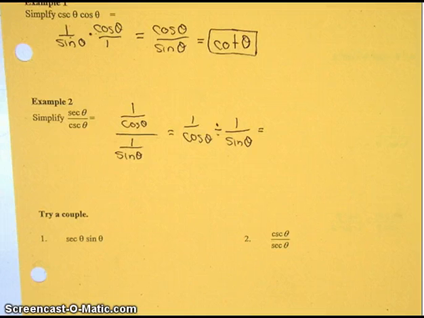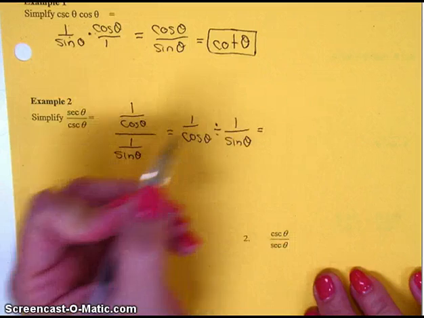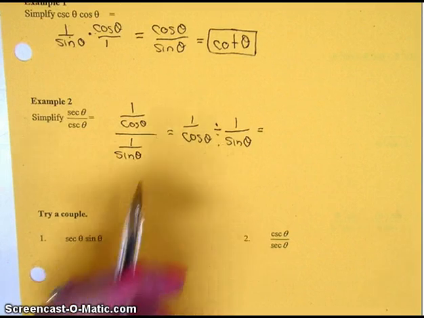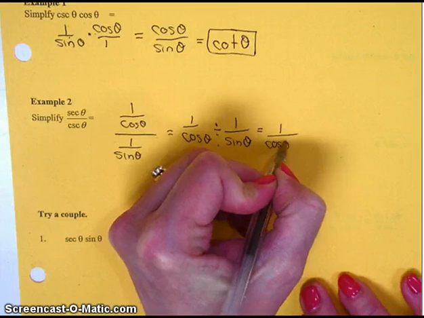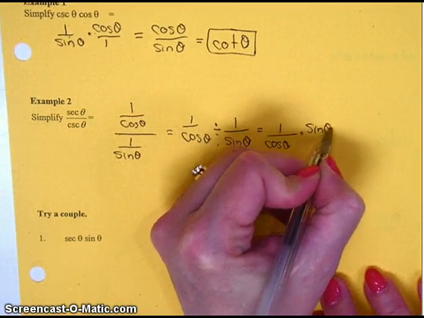Anybody remember from their math basics what we do instead of dividing fractions? Go ahead, Remy. Multiply them and change the second one to its reciprocal. Very good. So 1 over cosine theta stays, times sine theta over 1.